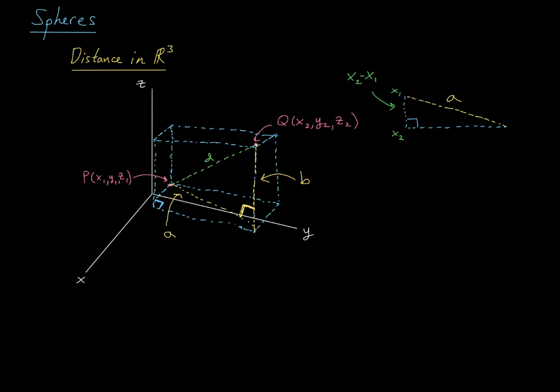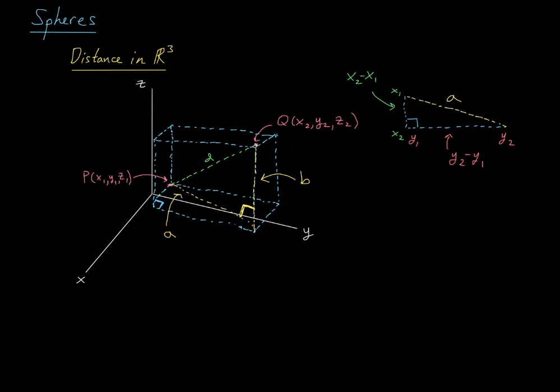Likewise, for the base of the triangle, we just change the y coordinates, with no x or z movement. Here we go from a y coordinate of y1 for P up to this corner, which has a y coordinate of y2 for Q. So the base of this triangle is the difference in the y coordinates of the points.